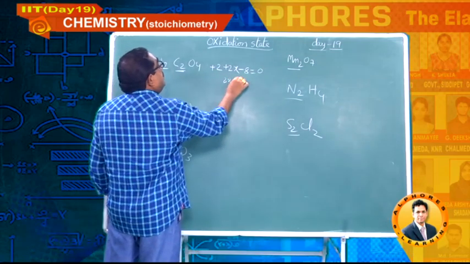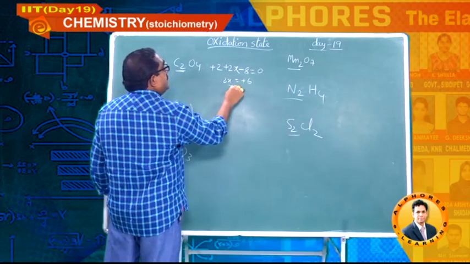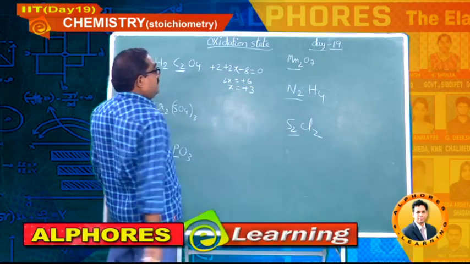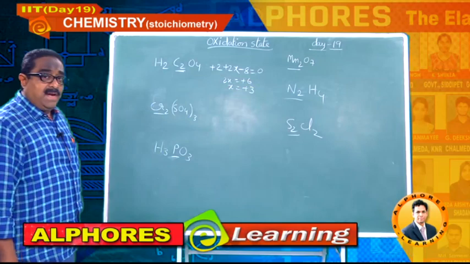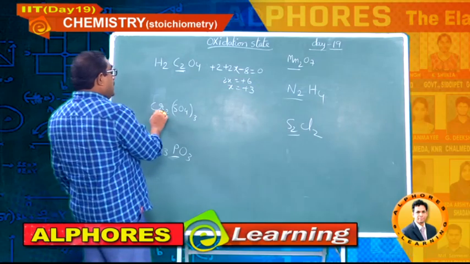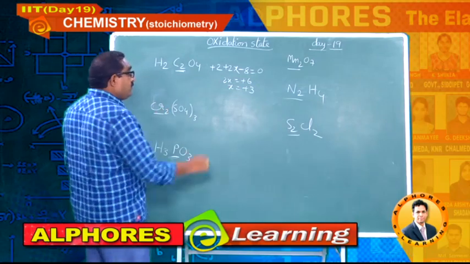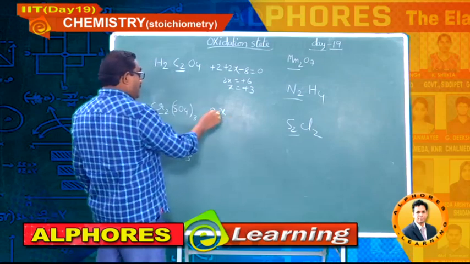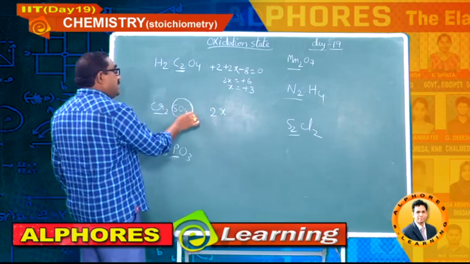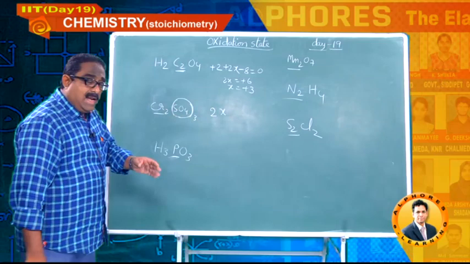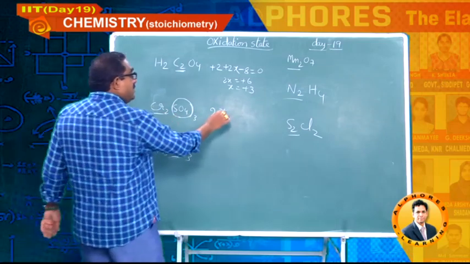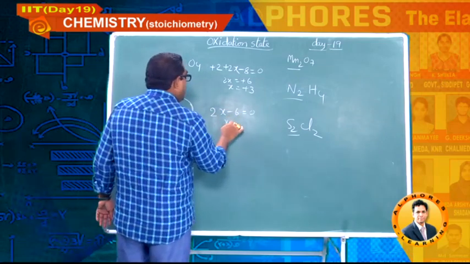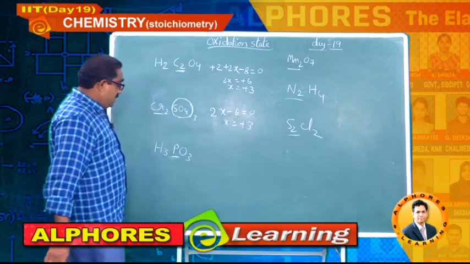So 2x is equal to plus 6, so x is equal to plus 3. So the oxidation state of carbon is plus 3. Here chromium, 2x. Just now I have explained that the sulfate ion entirely can easily be taken as minus 2. So minus 6 equals to 0, x equals plus 3.